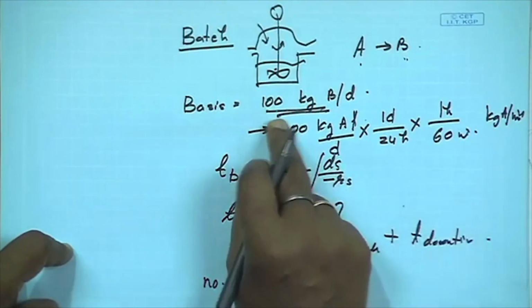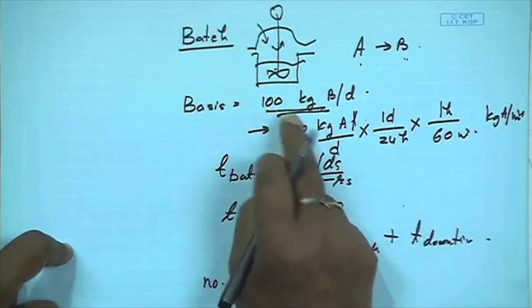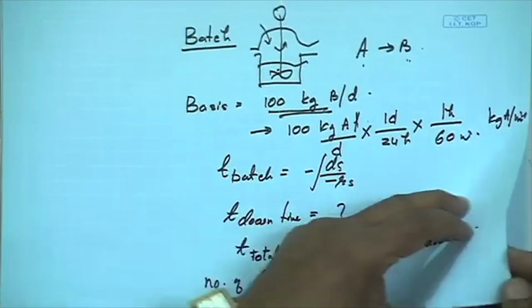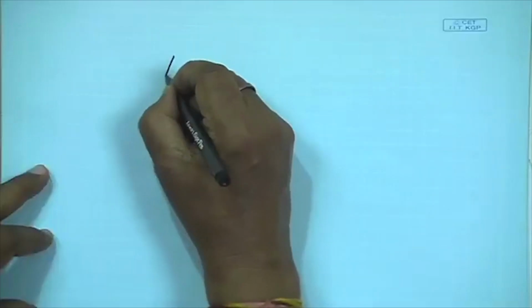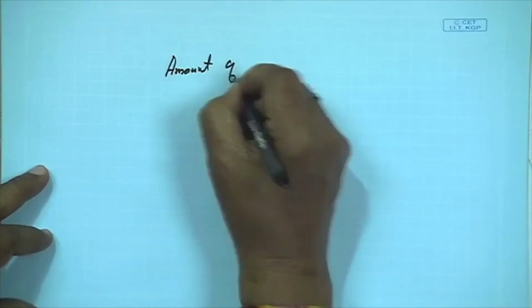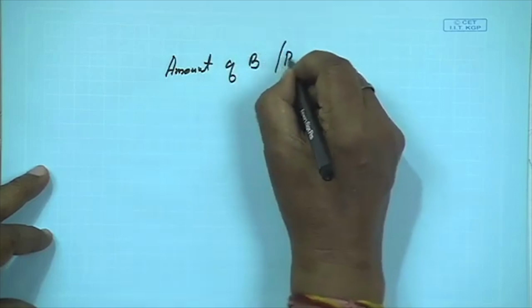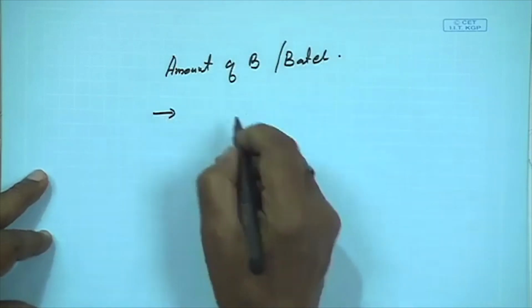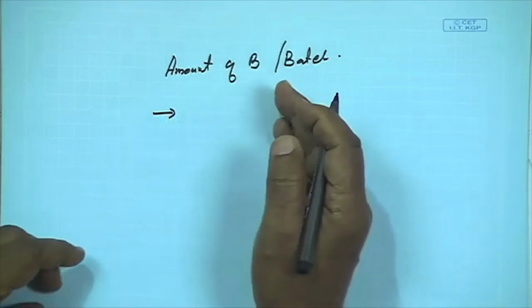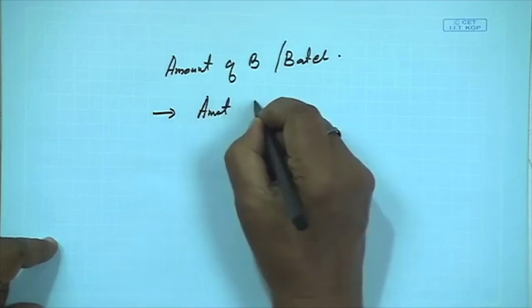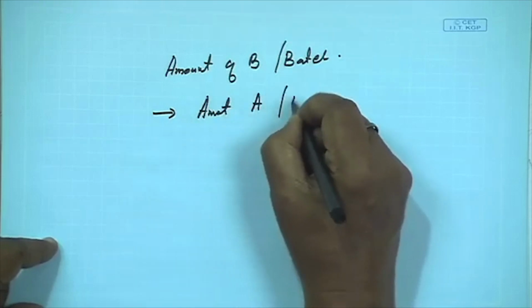You find out per batch how much substrate is required. Suppose you calculate the amount of product B per batch, and from that you find out the amount of A required per batch.